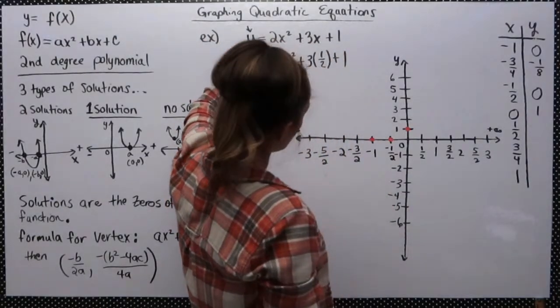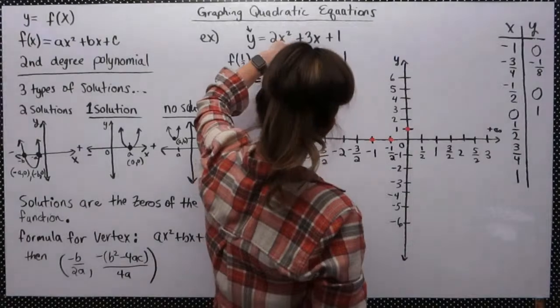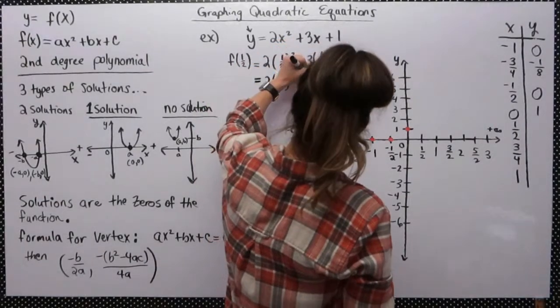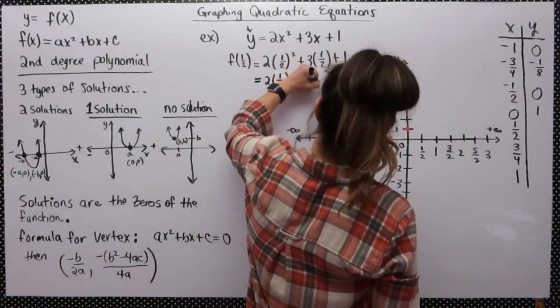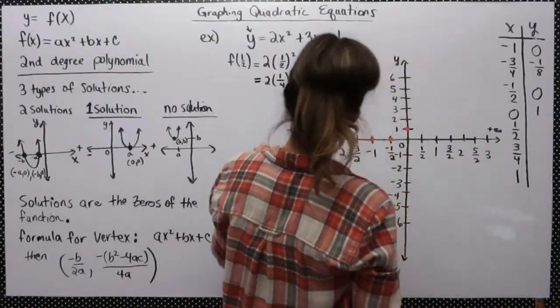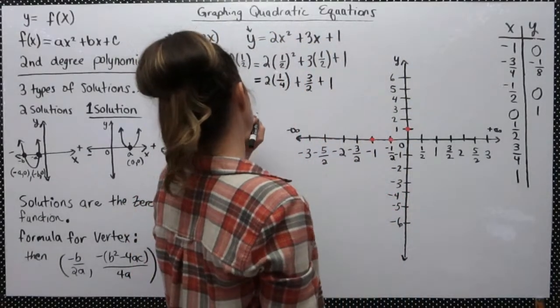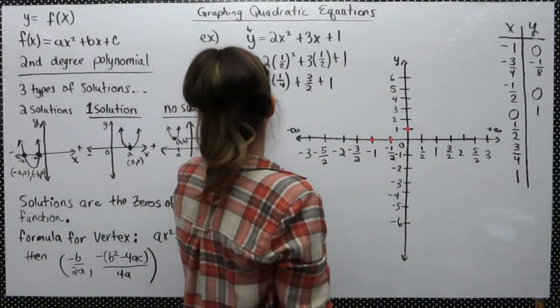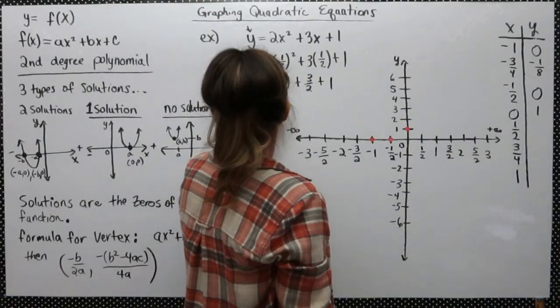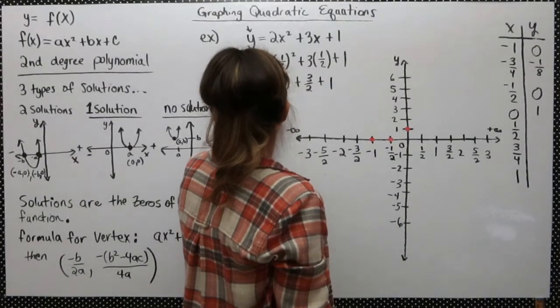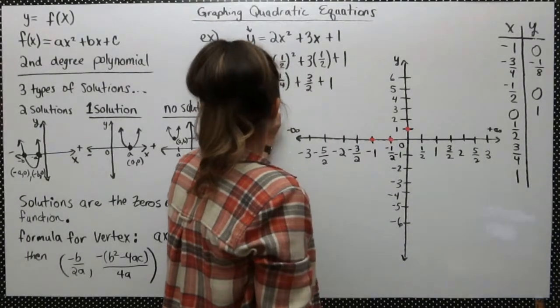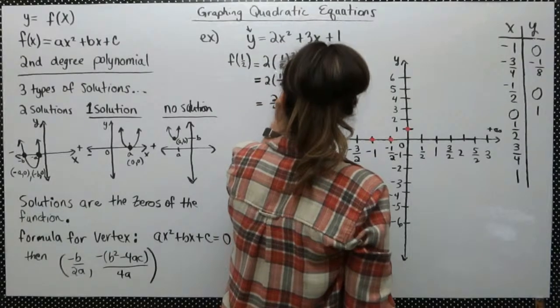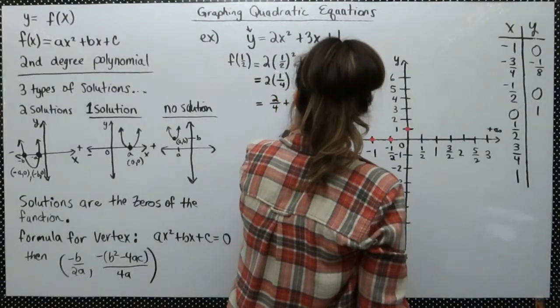When you multiply a whole number by a fraction, the 3 is going with your numerator. So it's just 3/2 plus 1. And then 2 times 1/4. The 2 is going to go in the numerator, and then I'm going to simplify that down.